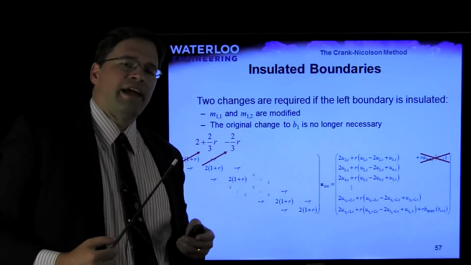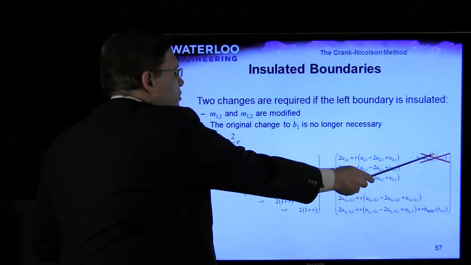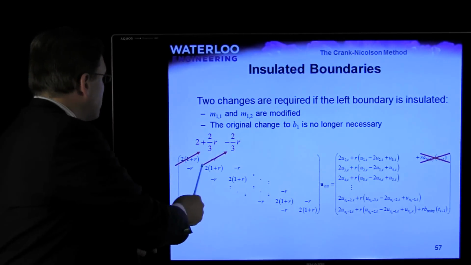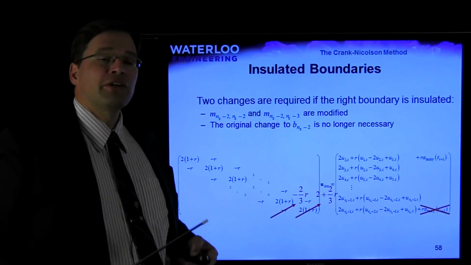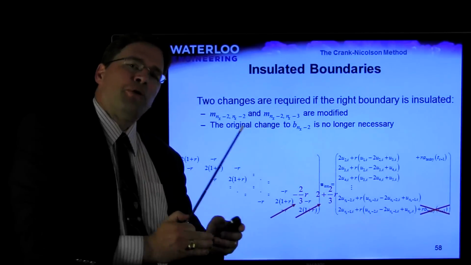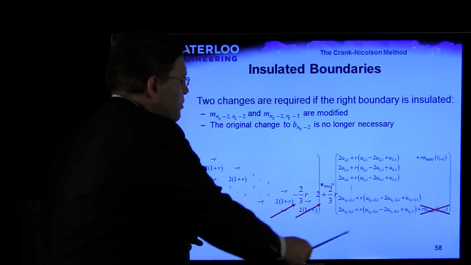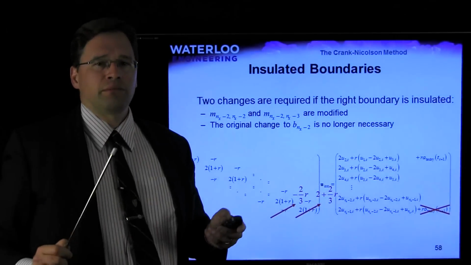If the left-hand endpoint is an insulated boundary condition, we're no longer changing the vector, but rather we are now changing these two values in the matrix. Similarly, if the right-hand endpoint B is insulated, we will change these last two values, and we will not be changing the vector B.